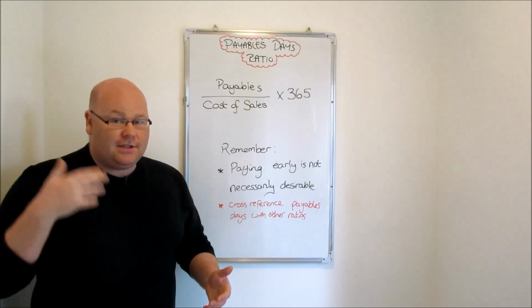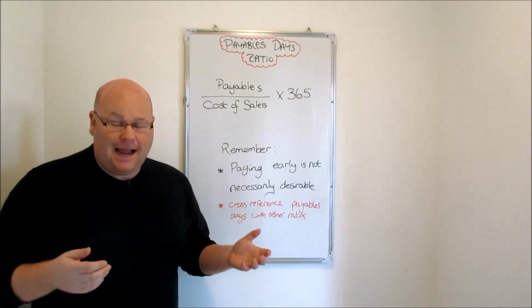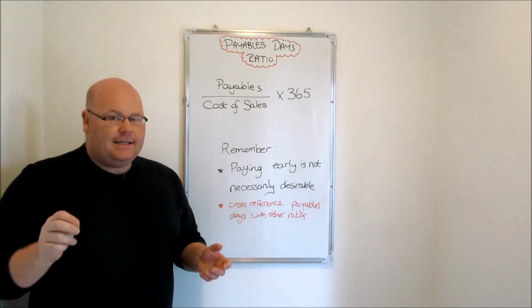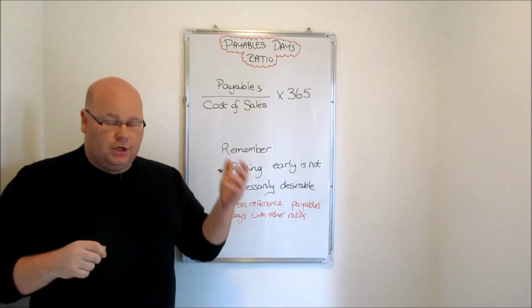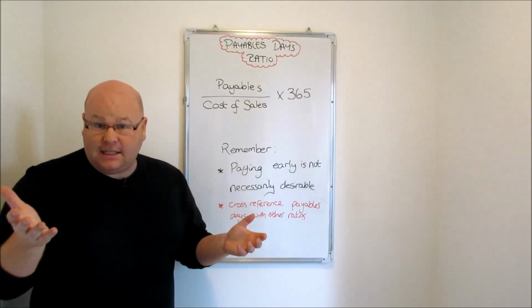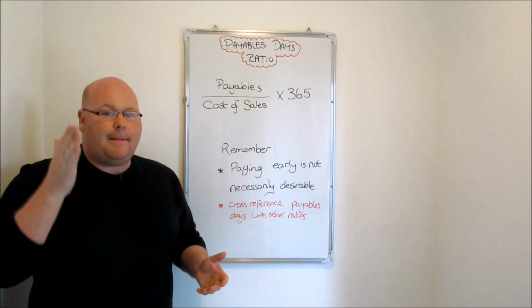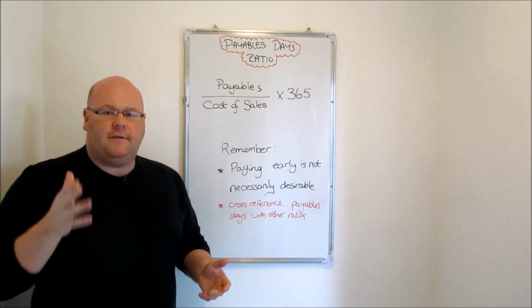Now, the amount of interest that you would accrue on that is in the thousands, potentially tens of thousands of pounds. So it's worth making sure that if you're financially efficient, you're not settling your debts too early, you're settling them just in time to satisfy your suppliers and meet the requirements of your trade credit agreement, so that that money is inside your business for a longer period of time.